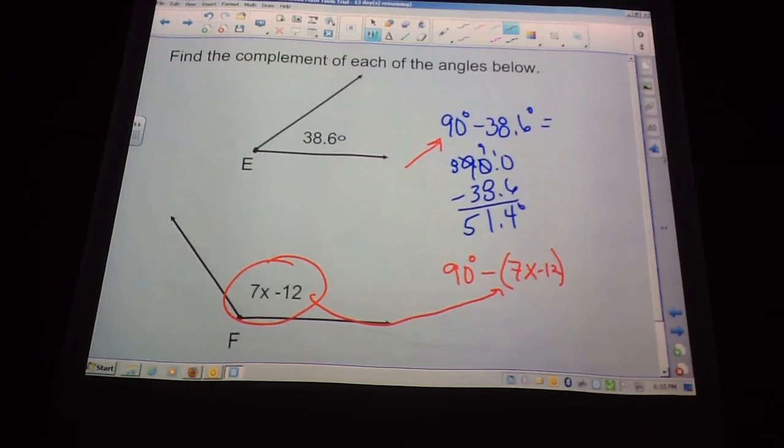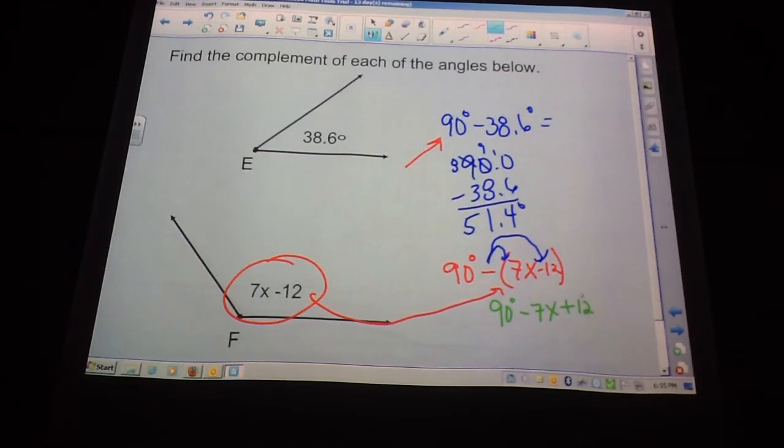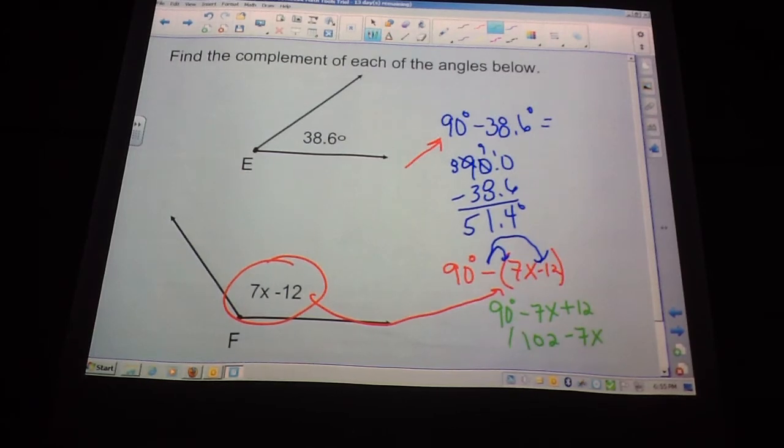Now we have to use a little bit of the distributive property and distribute that negative throughout the parentheses. So we'll have 90 degrees minus 7x plus 12. If I add the 12 and the 90, I'll get 102 minus 7x degrees, and this would be the complement of 7x minus 12.